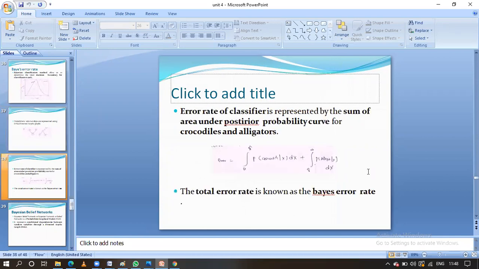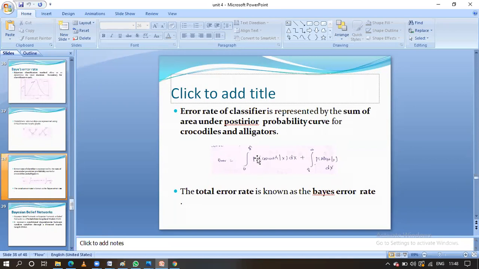Next, finally, how we are going to get the Bayesian error rate. That is the summation of posterior probability curves related to the crocodile as well as the alligator. This is the posterior probability curve for the crocodile, and this is the posterior probability curve for the alligator. If you sum these, we are going to get the total error rate, that we call the Bayesian error rate.